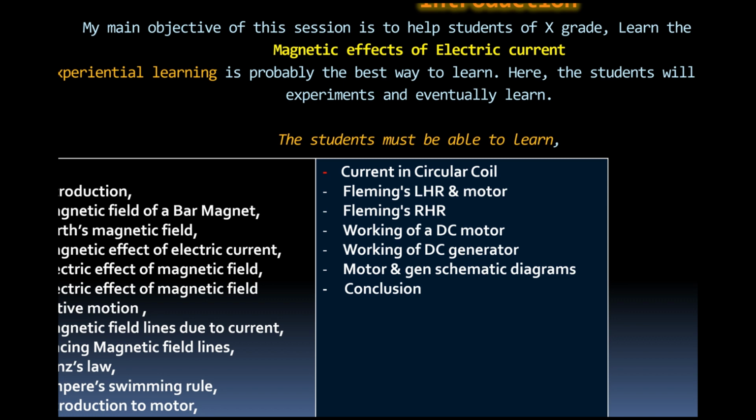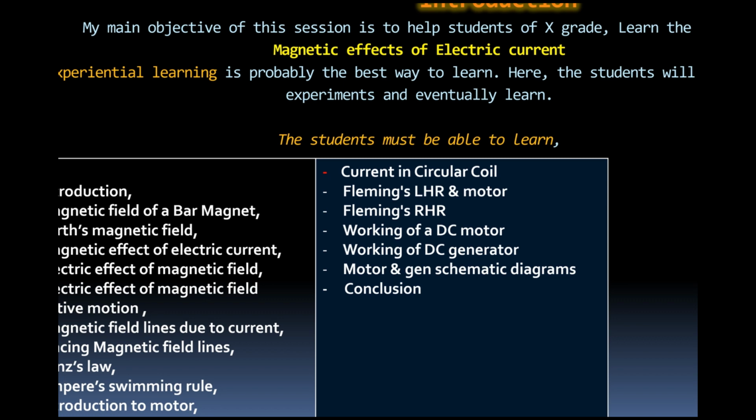Then the electric effect of a magnetic field through relative motion, that is, Faraday's experiments. Then we understood the concept of magnetic field lines due to current, tracing magnetic field lines of different types of magnets. Then we had an experiment with Lenz's law. It was a fantastic experiment.